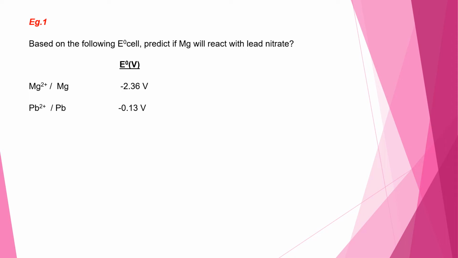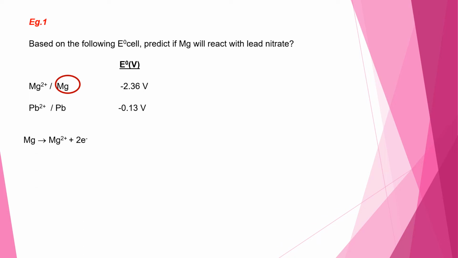So we are going to be looking at two different methods as to how we can solve this problem. Okay, let's look at the first method. In the first method, we identify the chemical that is undergoing oxidation, and that chemical will be the one carrying the most negative E0 value. So that's magnesium getting oxidized.